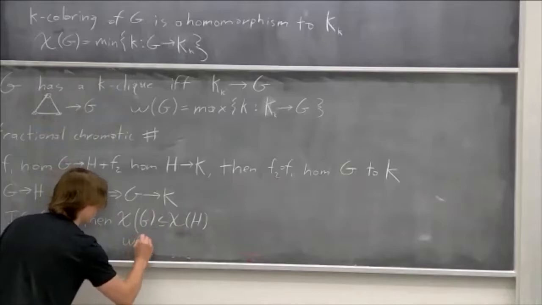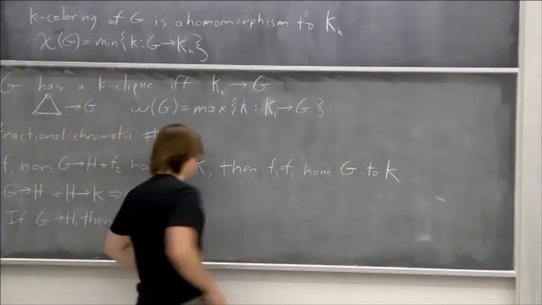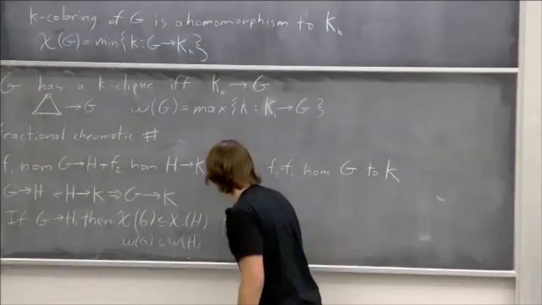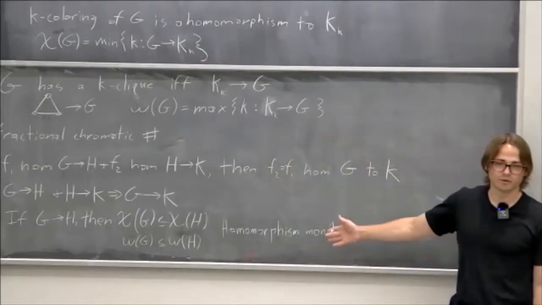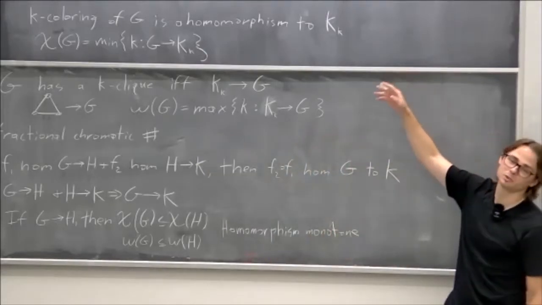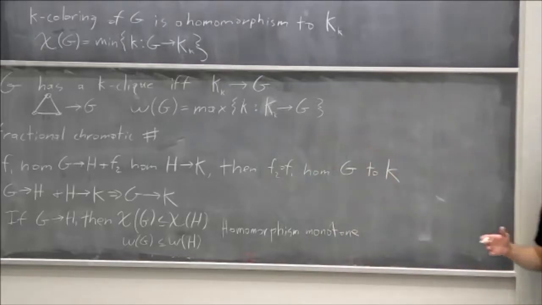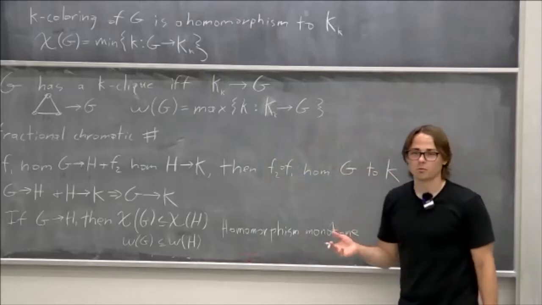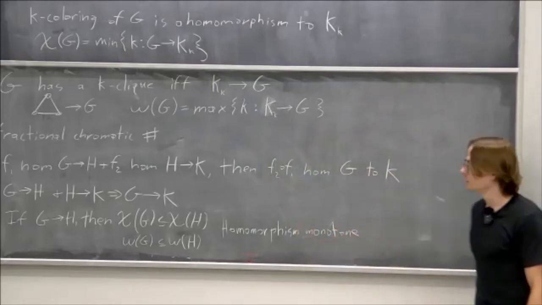It's the same sort of argument. Also for fractional chromatic number, you get the same thing. So these are what I would call homomorphism monotone parameters. With these, it's kind of obvious because I can define them in terms of homomorphisms, but there are examples of other parameters that aren't defined in terms of homomorphisms that still have this nice property of being homomorphism monotone. We'll see that later.